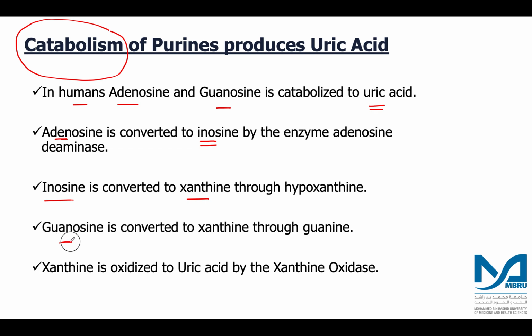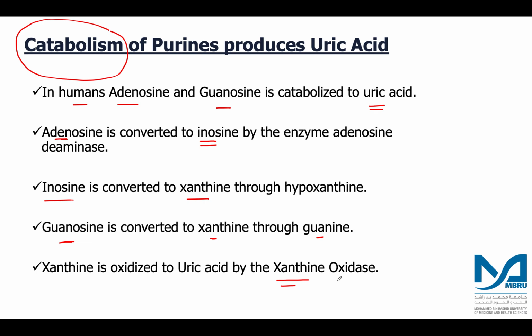Similarly, guanosine is converted to xanthine through guanine, and xanthine is then oxidized to uric acid by the enzyme xanthine oxidase. Now, this particular enzyme we talked a bit about when we studied enzyme inhibition back in biochemistry, because the drug that inhibits this particular enzyme also attenuates the formation of uric acid and therefore is used for the treatment of gout.